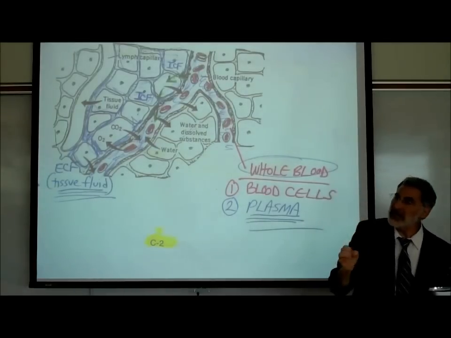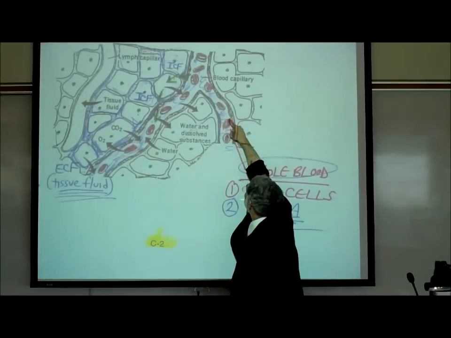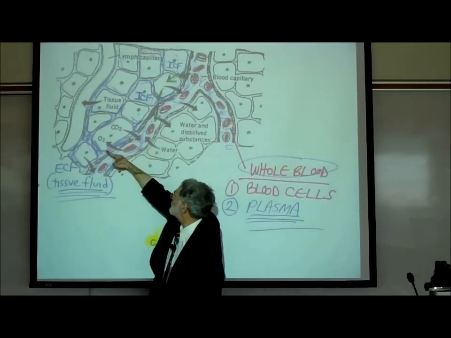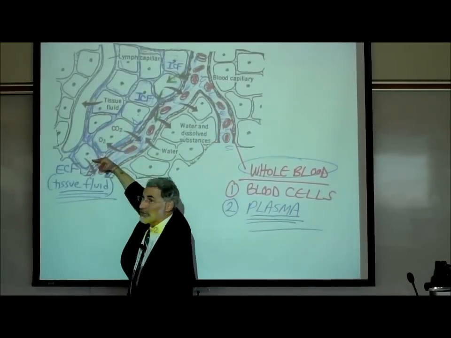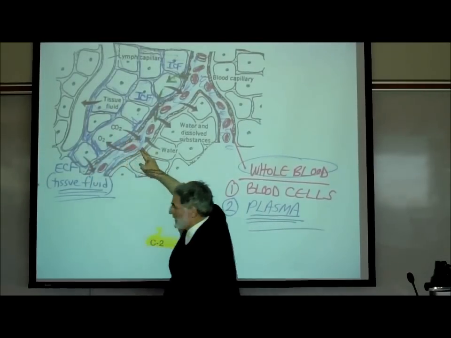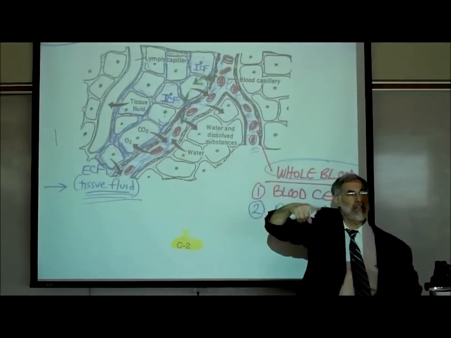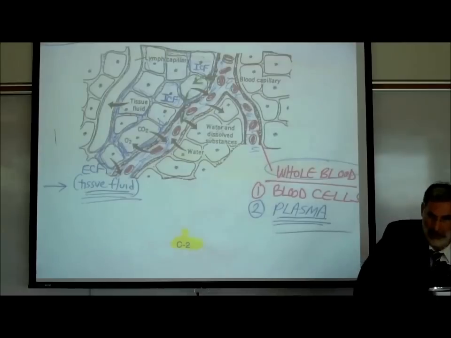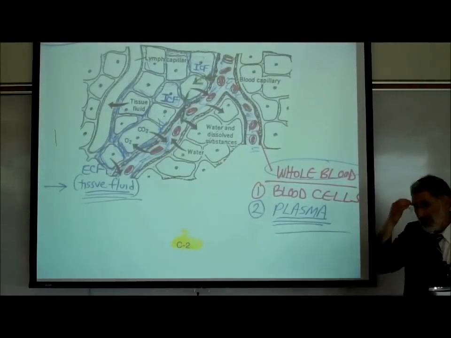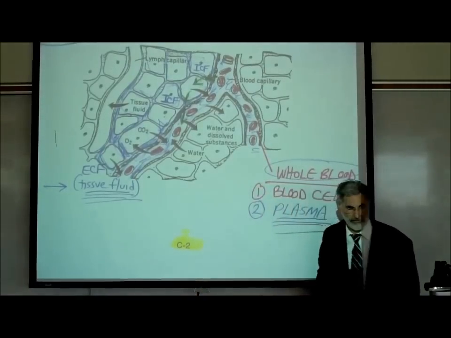But we give a special name to the extracellular fluid around blood cells compared to the extracellular fluid around regular tissue cells. Surrounding tissue cells, we call it tissue fluid. But surrounding blood cells, we call it plasma. Plasma is the extracellular fluid surrounding blood cells, and it is confined to the blood vessels.